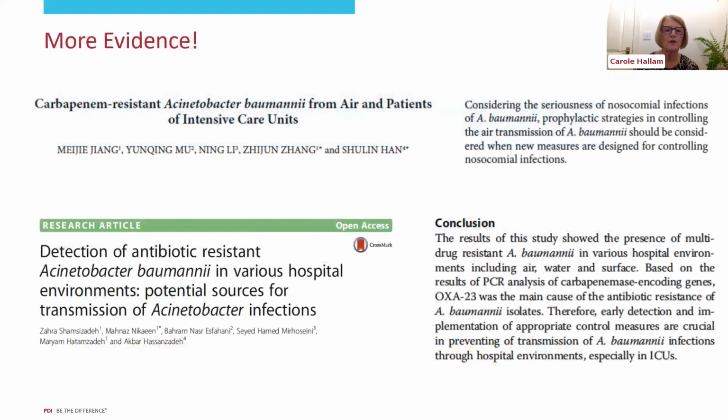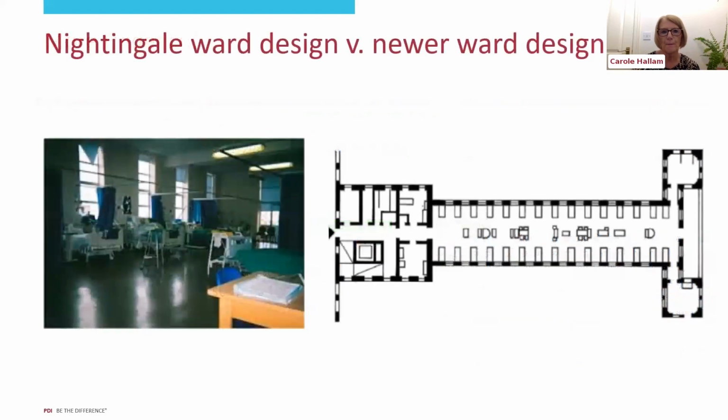Just very quickly, 2 more studies, again looking at Acinetobacter in both of these, and they found the Acinetobacter present in air samples, and they both suggested we need to do something differently, and we need to consider how we manage the air going forward in infection control.